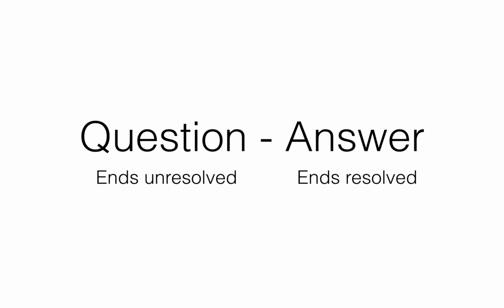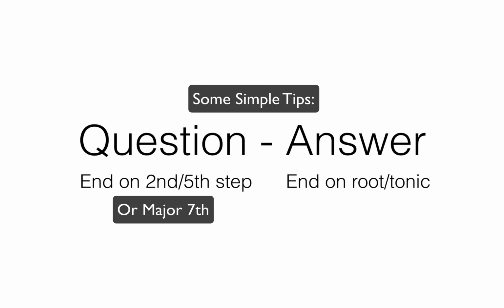I'm just going to load up the piano, and the easiest way to do this is to not land on the root note. If C, for example, is your root note, you could rather land on pitches in the scale that have a bit more tension, like the second step or the fifth step, which are usually core elements of the dominant chord.